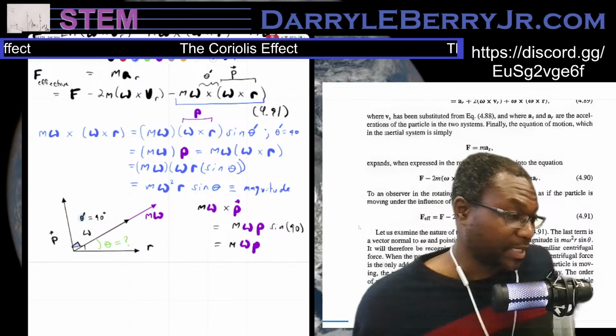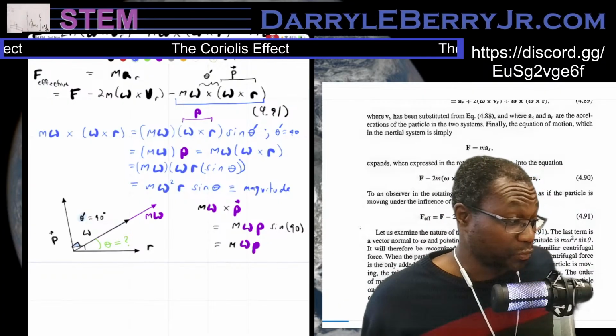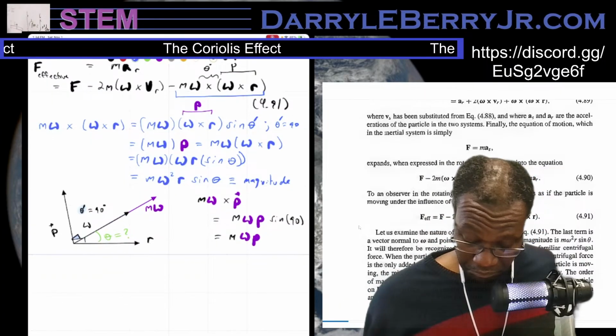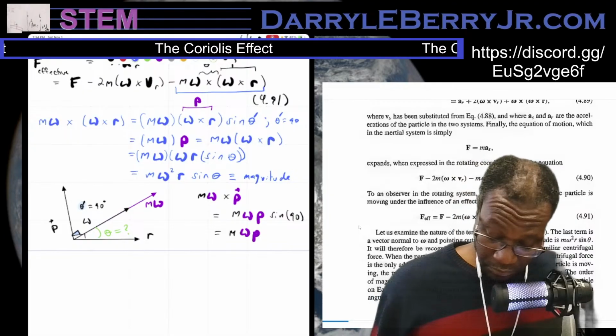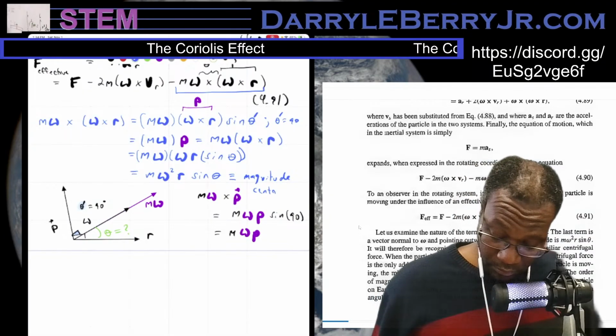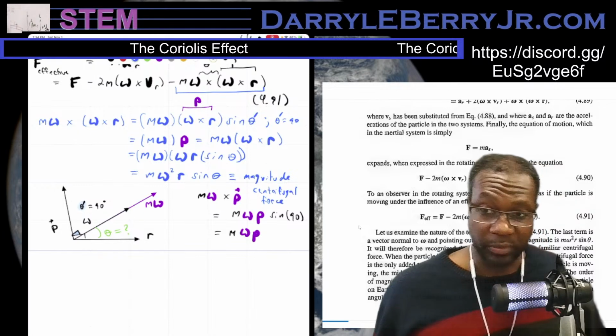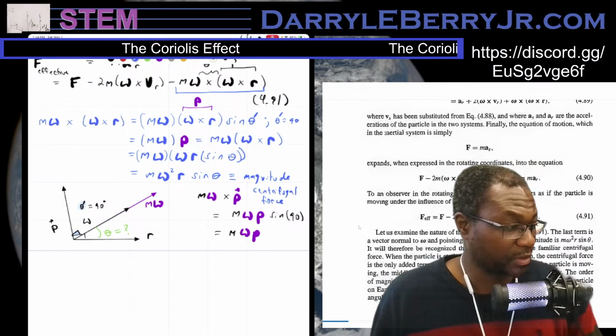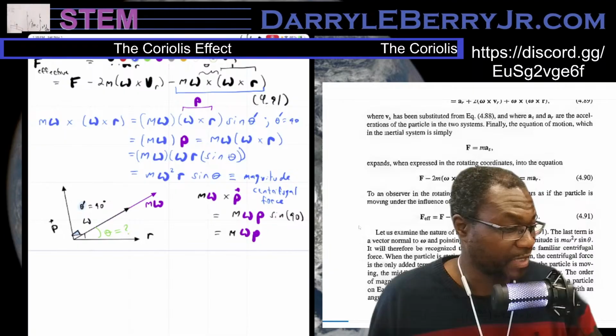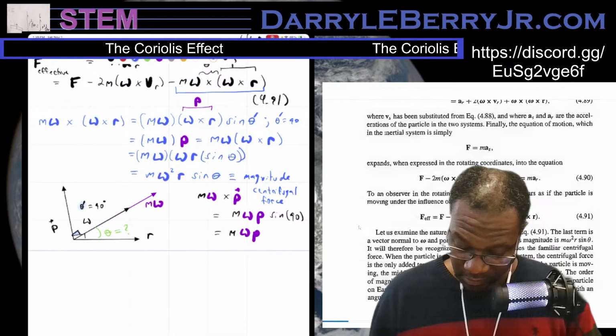It will therefore be recognized that this term provides the familiar centrifugal force. It is the outward force, the outward fictitious force.